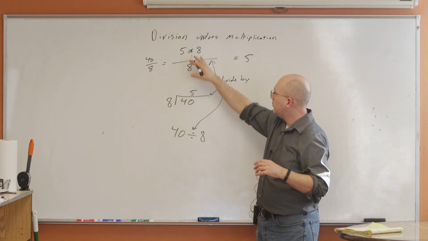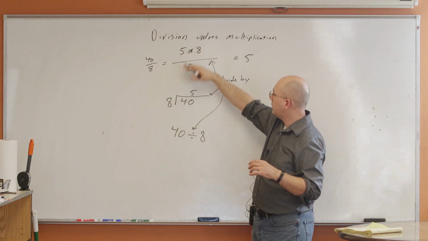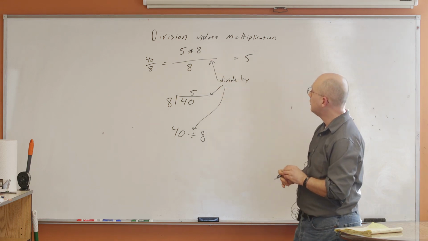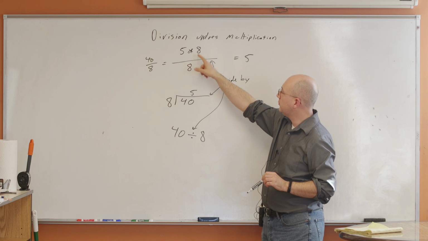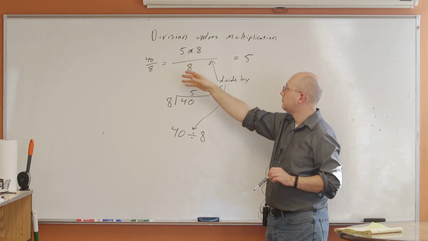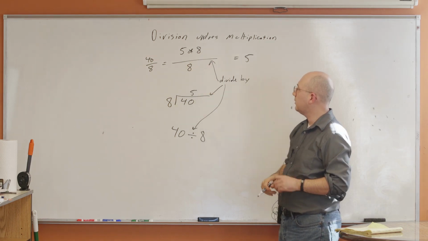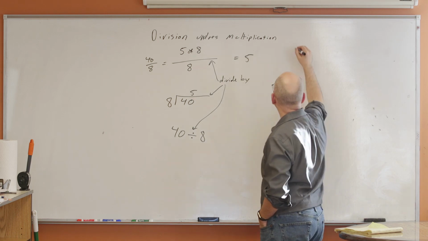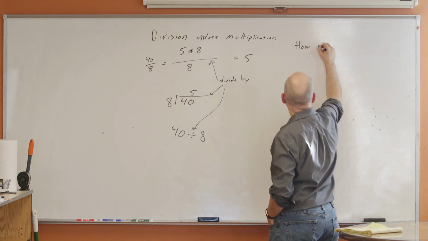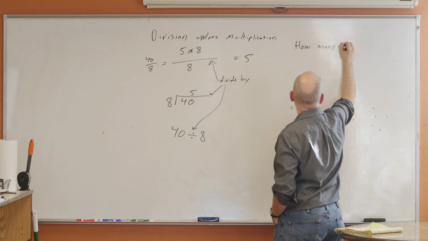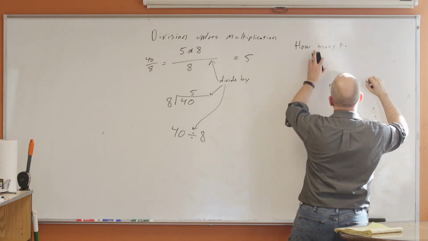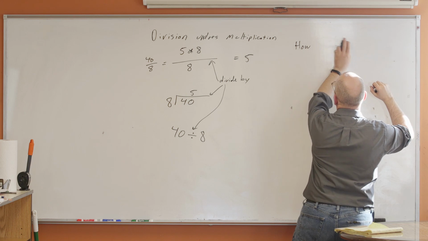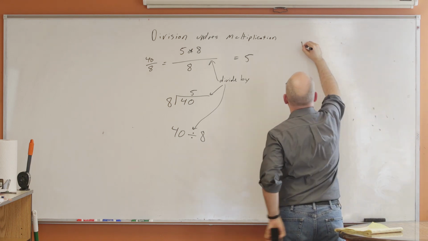Fundamentally it means you're viewing the one thing as a product, and you're seeing how many times you need to multiply 8 by to get 40.